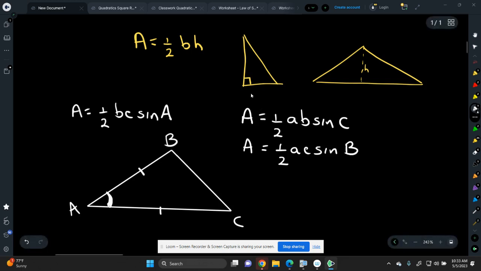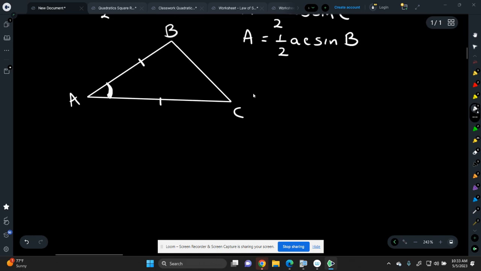Okay. So for instance, let's say that I had side A is 90 and side B is 52 meters, and angle C is 102 degrees.